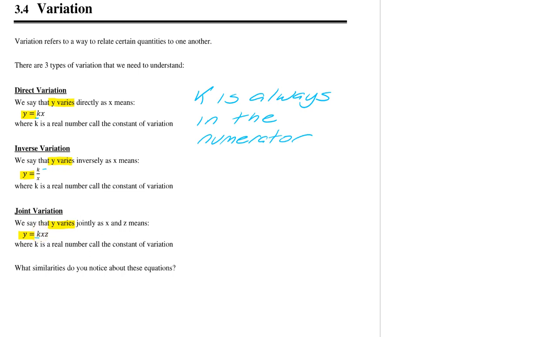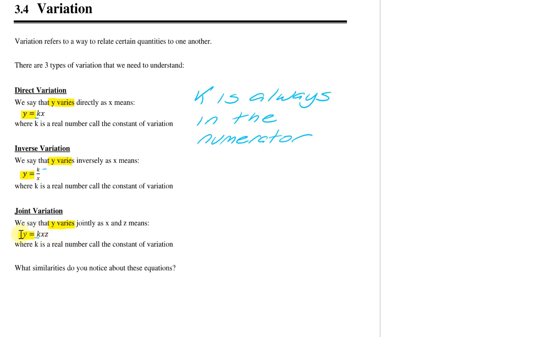Then we just have to break down what these other words mean. Directly as x means that you're going to multiply k by x. With inverse variation, if I say it varies inversely as x, that means I'm going to divide k by x. And then finally, with joint variation, if I say y varies jointly as x and z, that means I'm going to multiply k by x and z.